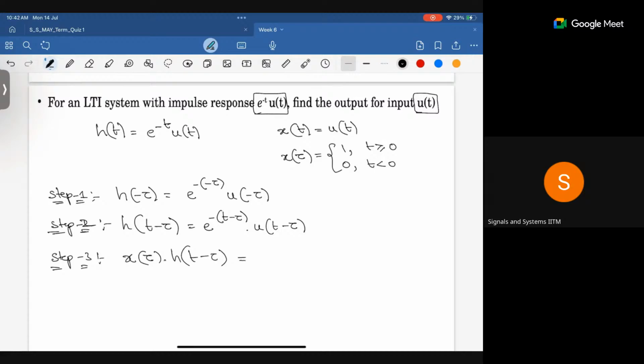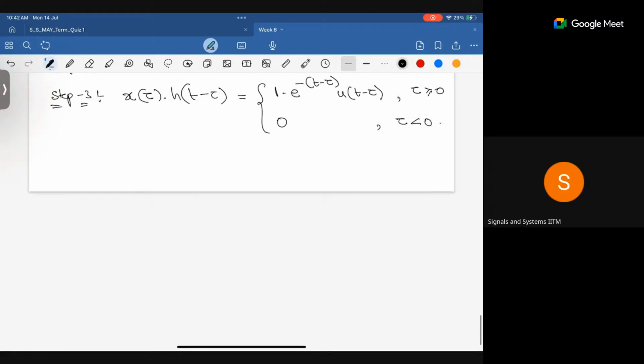This will be 1 into e to the power minus of t minus tau, u of t minus tau, when tau is greater than or equal to 0, because x tau is 1 when tau is greater than or equal to 0. So when I multiply x tau with h of t minus tau, it will be 1 into h of t minus tau when tau is greater than or equal to 0. It will be 0 when tau is less than 0.